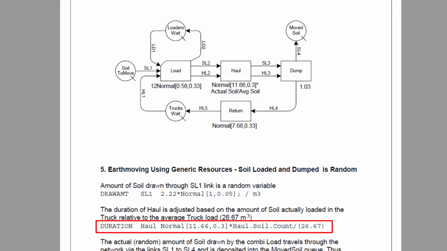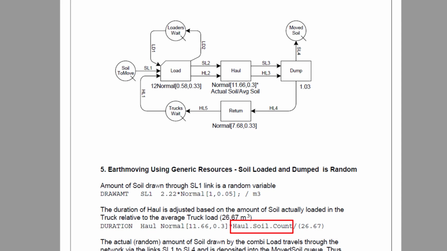This is shown by the statement duration haul, which is followed by the formula normal times haul.soil.count divided by 26.67. To understand this formula, we need to appreciate that 26.67 is the nominal capacity of the truck.